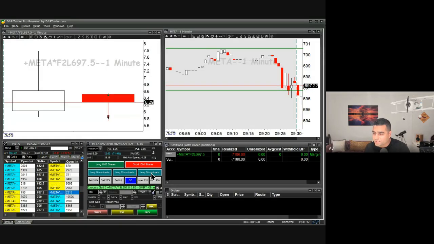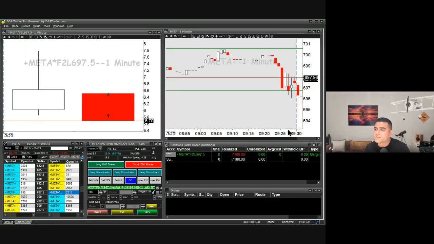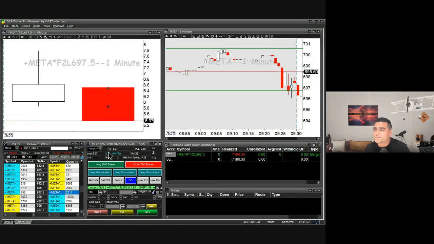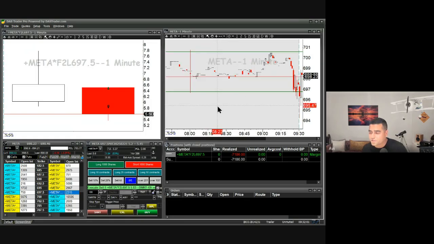See, the rejection of 698 is really interesting. It's where it rejected earlier. There are buyers further down, but let's see. Nope, it broke through there. So, all right. That whole short thesis doesn't make sense. So one attempt on that and no good.